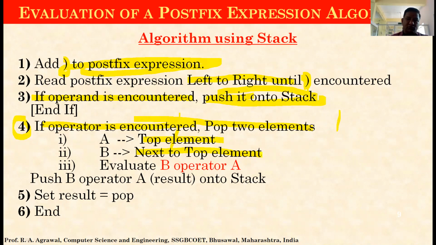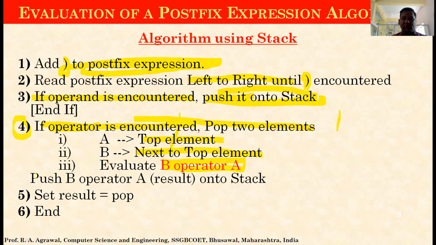Perform the operation, whatever arithmetic operator is encountered, in this form: B operator A. Suppose the operator is plus, you give B plus A. Perform the mathematical calculation B plus A, and whatever result you get after evaluation has to be pushed back onto the top of the stack.